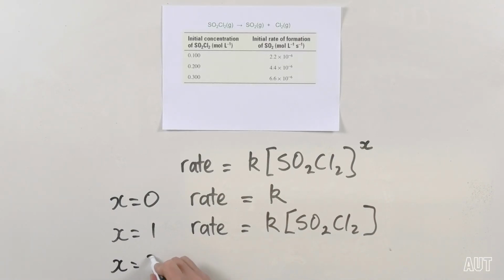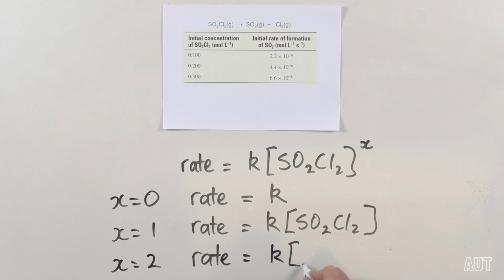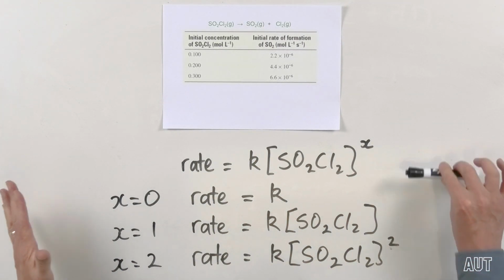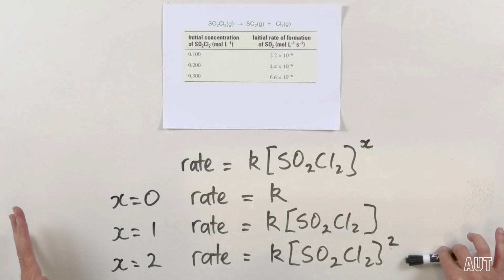If x was equal to 2, then the rate of the reaction would be k times the concentration of SO2Cl2 squared. In other words, we'd have a squared relationship.